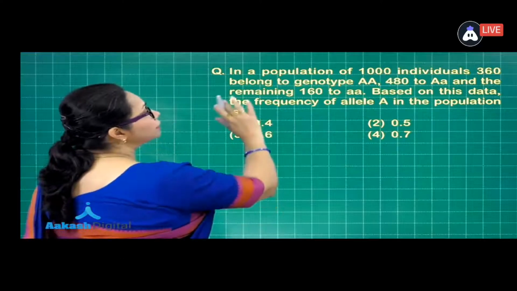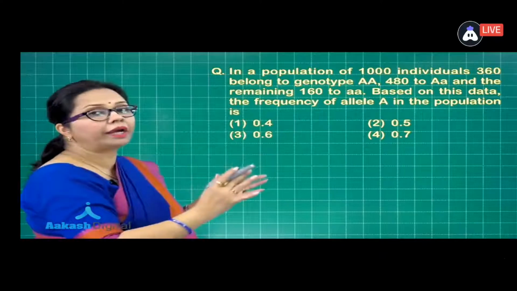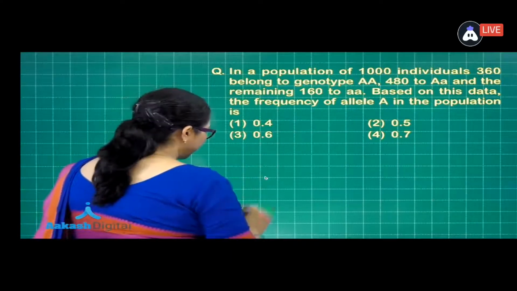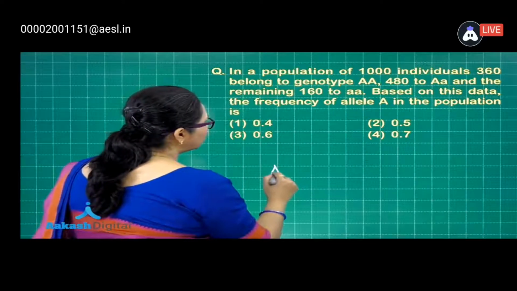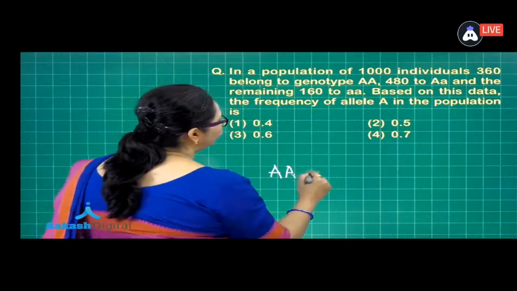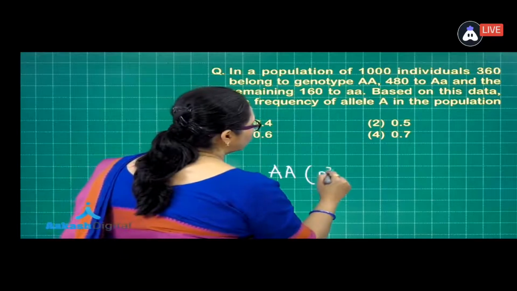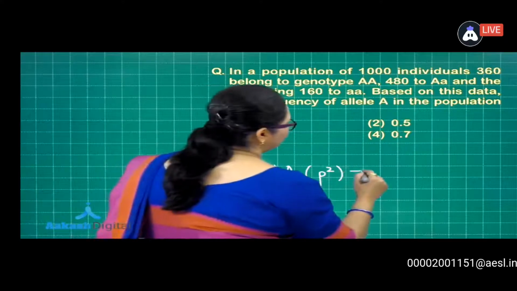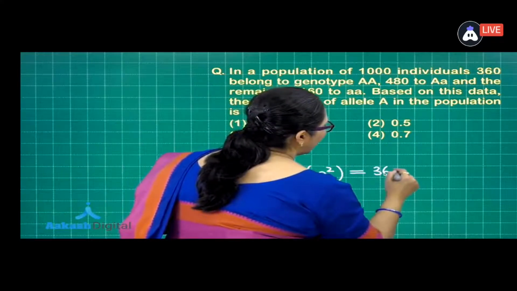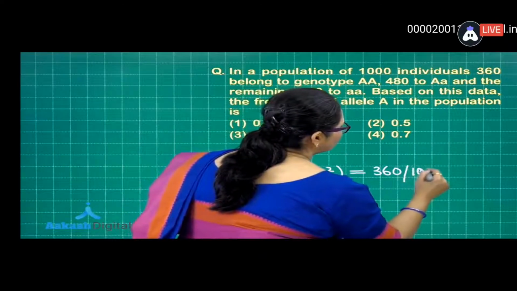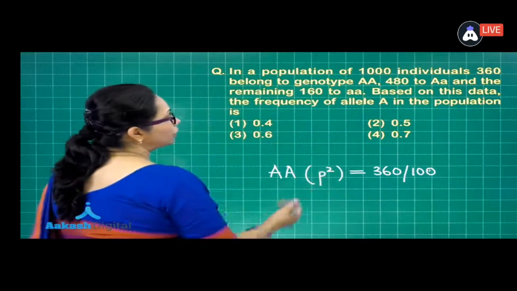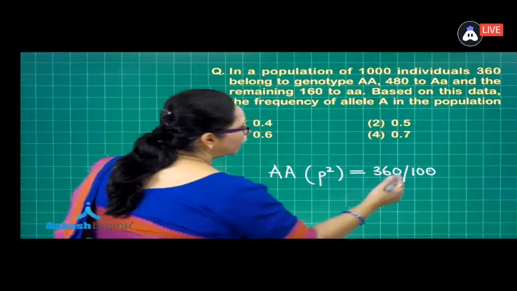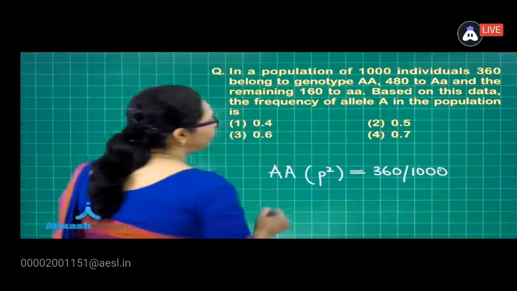Now in this case, the question seems very intricate, but actually it is very simple. Here capital A capital A would be representing p square. This is given to us as 360 out of 1000. So we take p square as this, or we can convert it into decimal form.